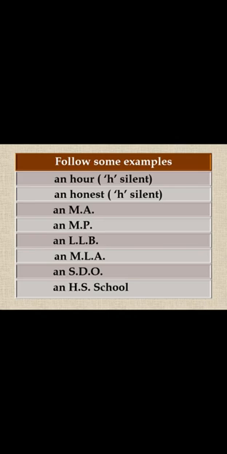And MLA, when we say M, the vowel sound A comes first. That's why here will be AN. And SDO, when we say S, the vowel sound A comes first. That's why here will be AN. And HS school, H, A comes first. That's why AN.